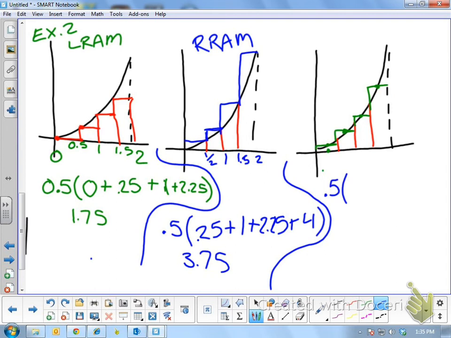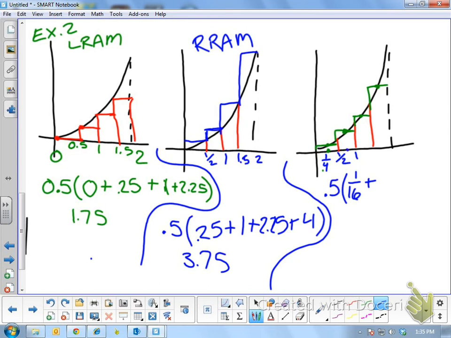But this time, instead of using 1/2 to find the height, what value am I going to use to find the height? 1/4. What's halfway between 0 and 1/2? So we're going to use 1/4 squared, which is 1/16. I have no idea what that decimal is, so I'm going to just write 1/16. Then we have to use what's halfway between 1/2 and 1. 3/4.